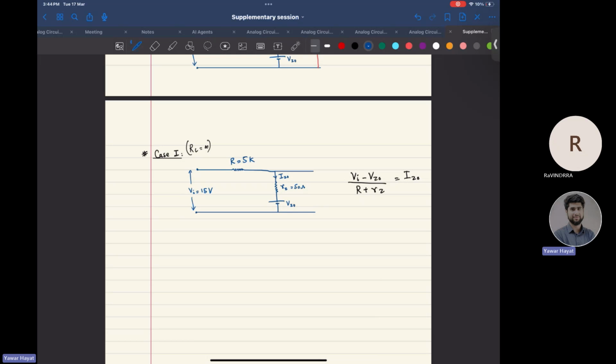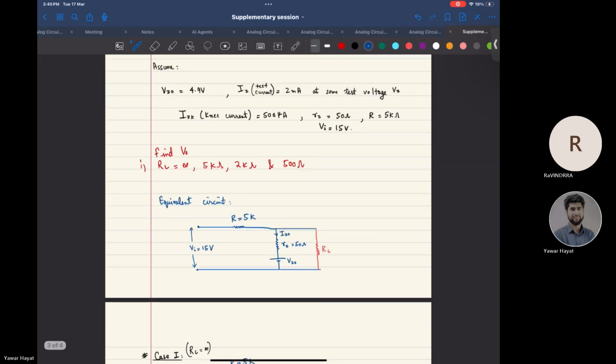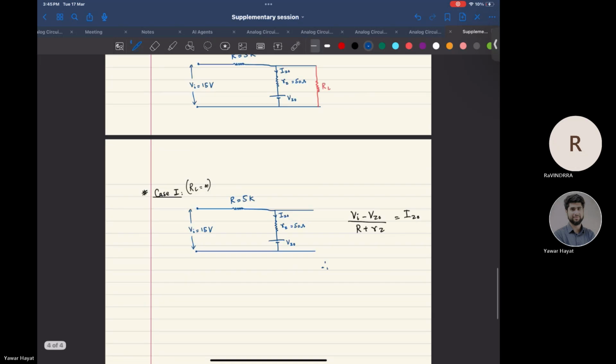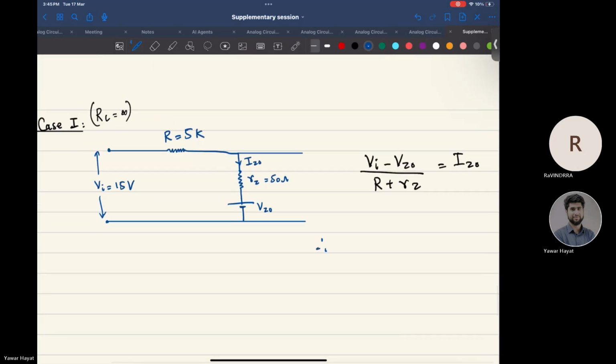So how much would VZ naught be? If you do the maths, it would turn out to be 4.9. And the current flowing is 2 milliamp.